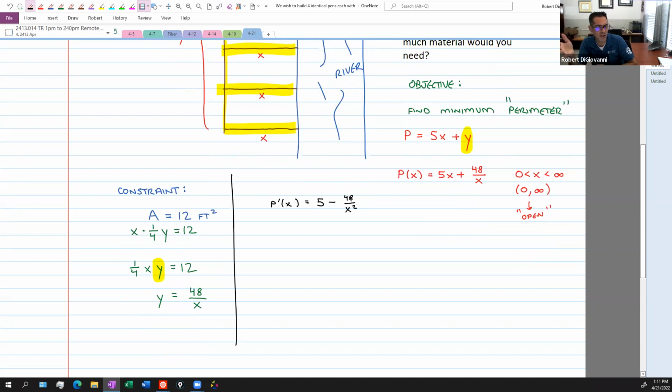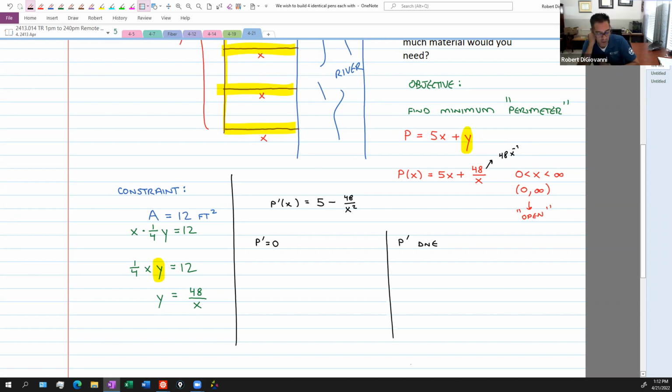Notice I'm just rewriting that as 48 x to the -1 and then taking the derivative, which means the -1 comes out, 48 x to the -2. And so I've rewritten it that way. And now I need to figure out where this derivative equals 0 and where the derivative does not exist.